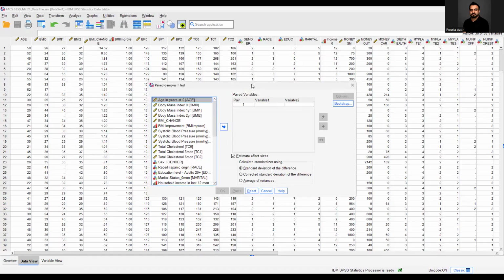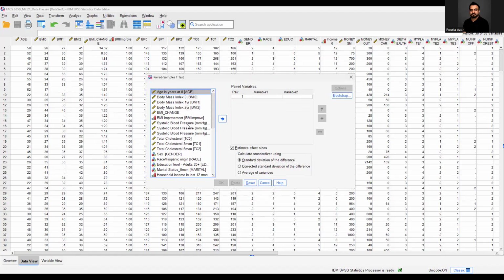So let's say I want to compare the mean value of systolic blood pressure. Systolic blood pressure in variable one. This is systolic blood pressure at baseline, and I have systolic blood pressure 2, which, let's assume, is the 6 month mark.